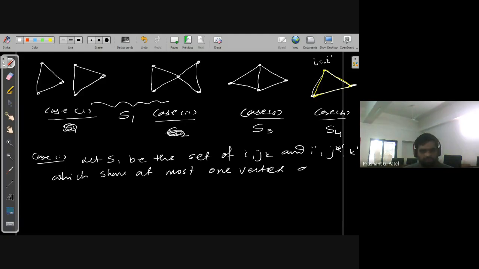So hence the two triangles share no edges. There will be no edges common between them. Here there is one edge. Here there are three edges.